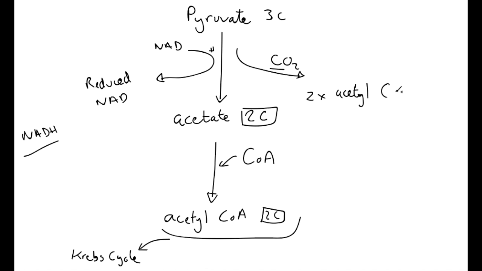Acetyl coenzyme A, because it's happened twice, you lose 2 CO2, and you make 2 times reduced NAD. Let's hope I write this one right. Reduced NAD. There we go. And that is the link reaction.